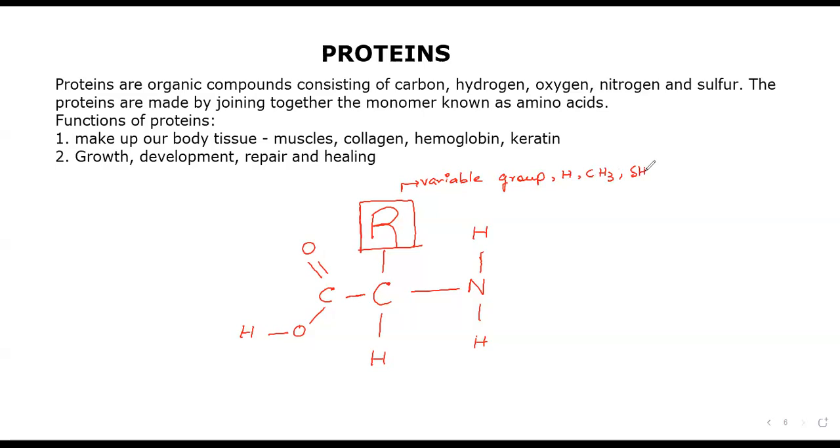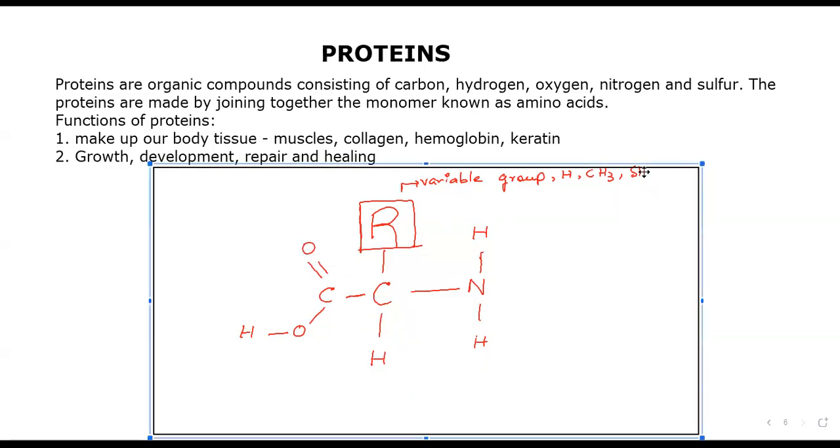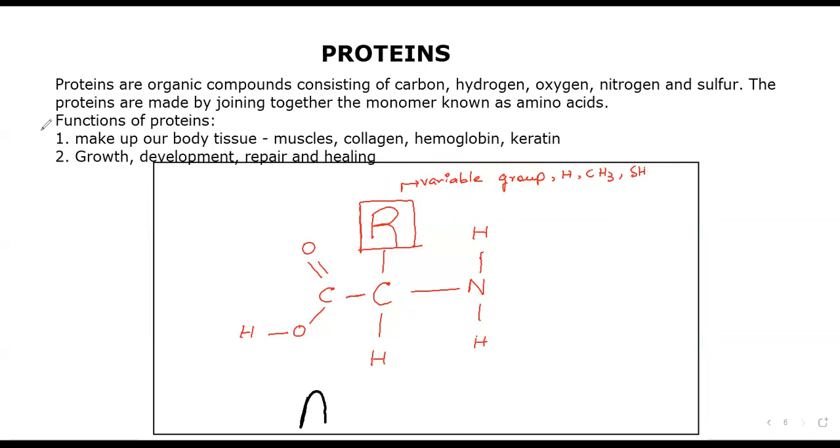Now, why is this variable group so important? Because it gives certain properties to the amino acid. Those properties are important because when I talk about the structure of your protein, you're going to see that different proteins have different functions.